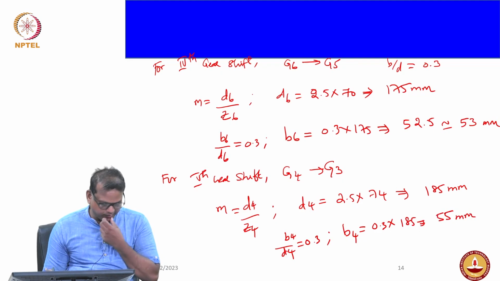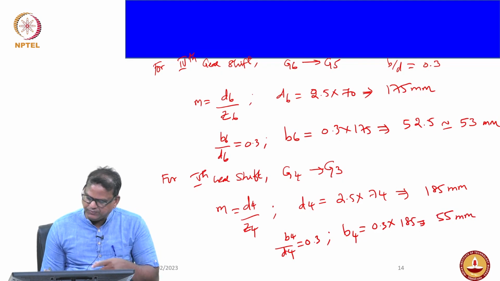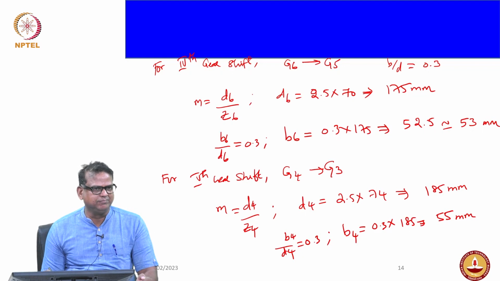Now we have the face width for each gear shift, gear shifts 1, 2, 3, 4, 5.